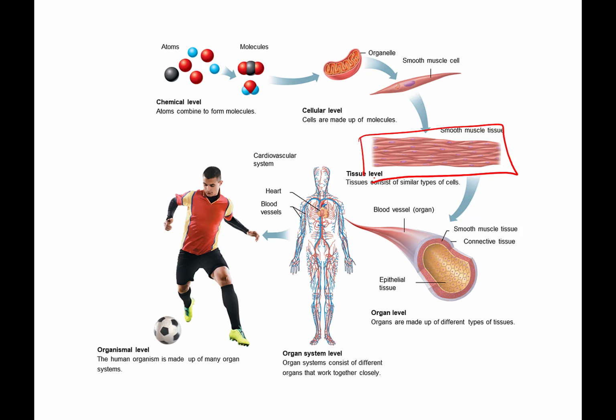After this chapter, we're going to look at how we put different tissues together to form organs and organ systems. And we will look at how these organ systems work together as a whole.